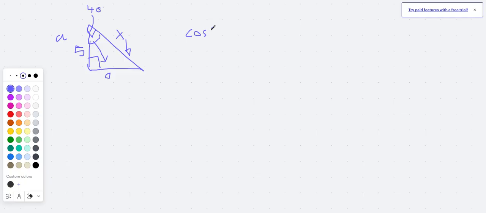What's cos? The angle measure 40 is equal to A by H. A is 5, so 5 by H is x. So you get x is equal to 5 by cos 40.